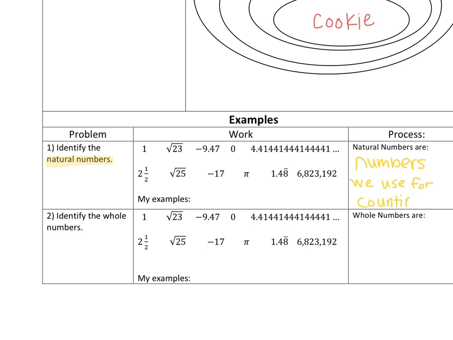If I was going to count students in my class, I would say you're student 1, you're student 2, you're student 3. So I start at the number 1 and then I count numbers higher than 1. So if I was counting students, I would start with the number 1. So that is a natural number.